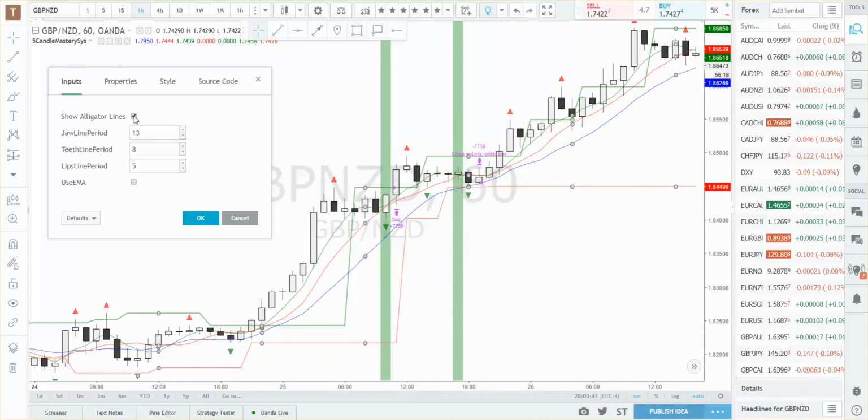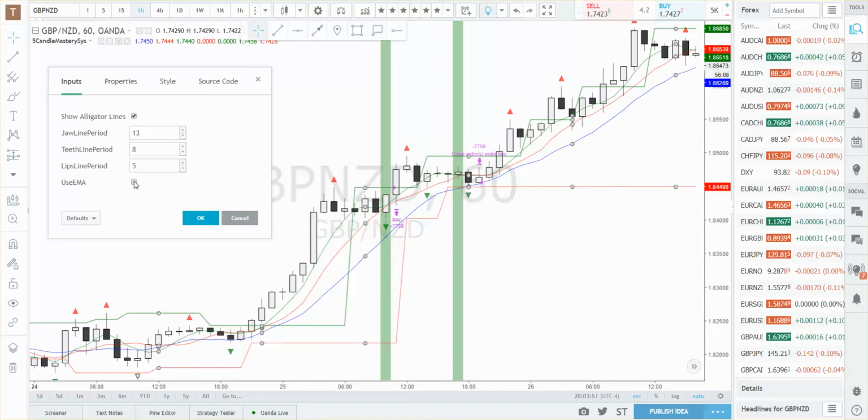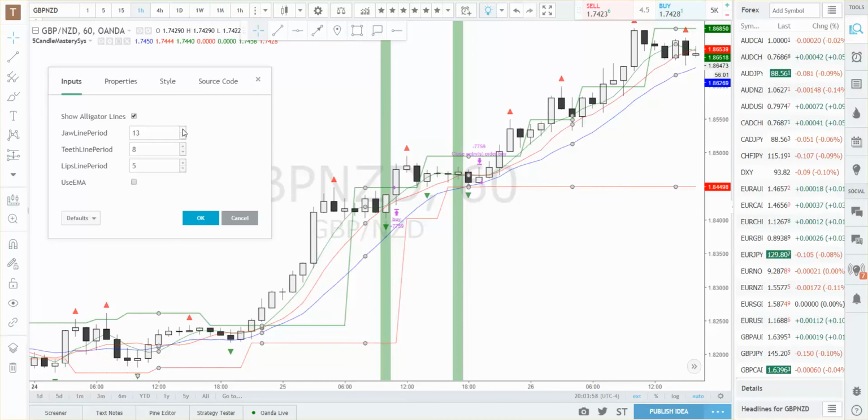So you can turn the alligator lines on and off. You can change the simple moving averages to exponential moving averages if you want. And you can also change the moving average periods. I just decided to add that in there for additional flexibility.